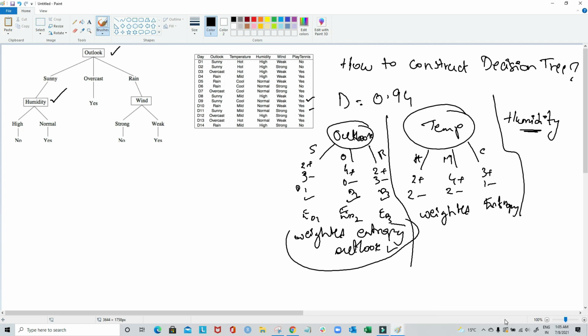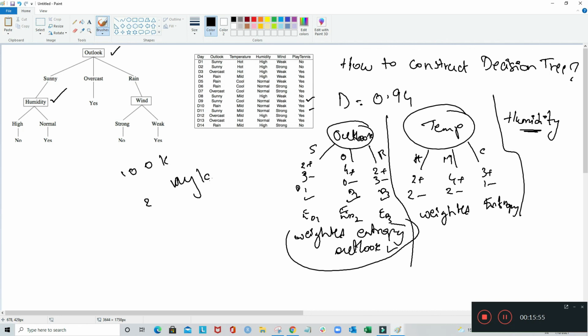And how deep can we go for decision trees? If we go to the minutest levels, say if there are 100,000 data points and we go till we get two data points left at the end, it will have a very large depth, right?